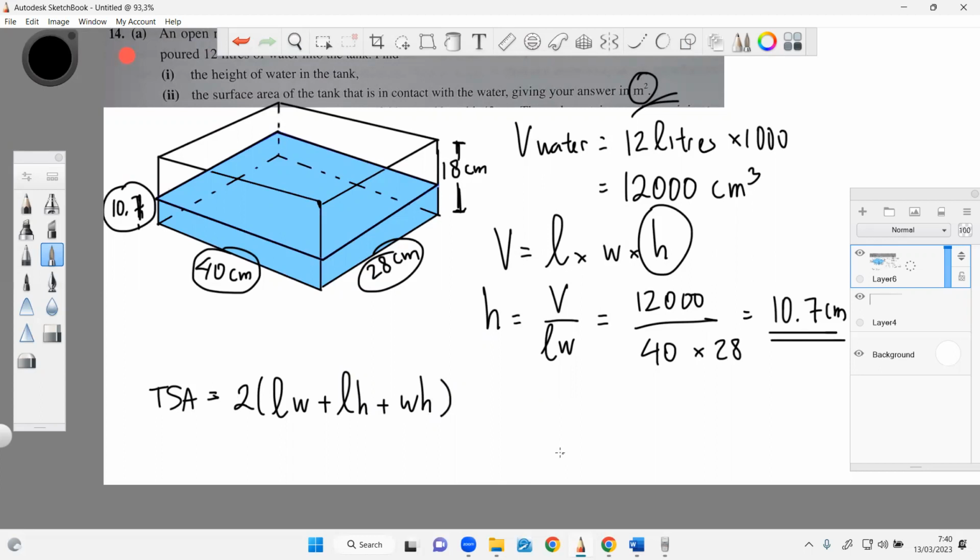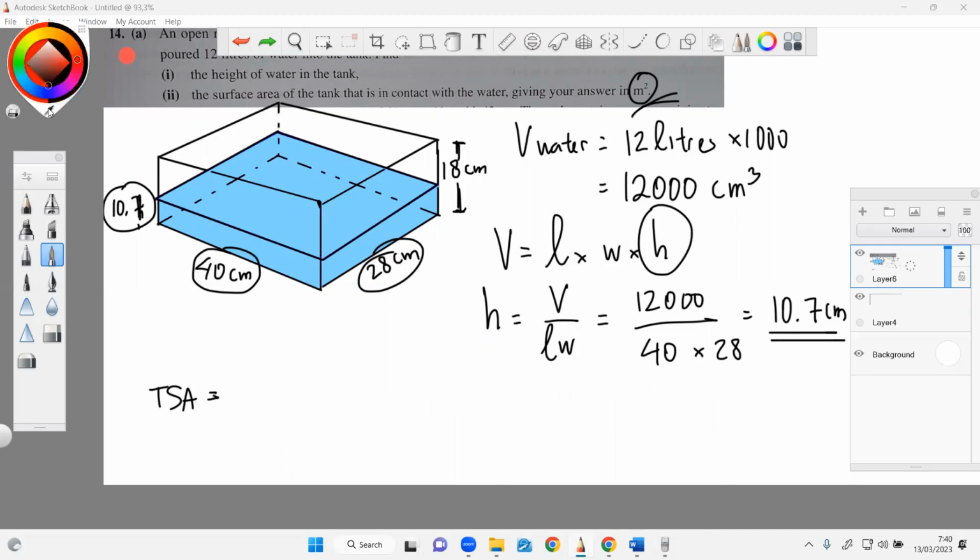Or we can do the total surface area and then don't forget to subtract 40 and 28. Make sense? Length times width. If you don't like this, just do it regularly.